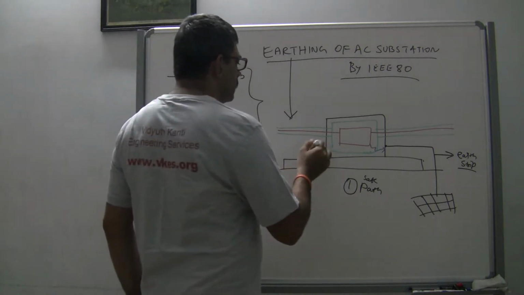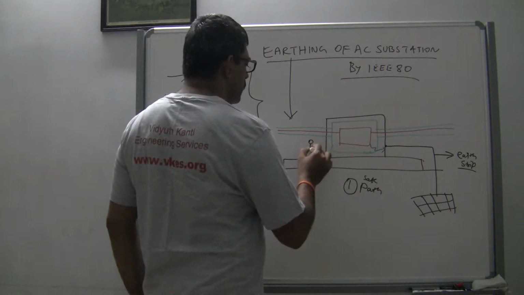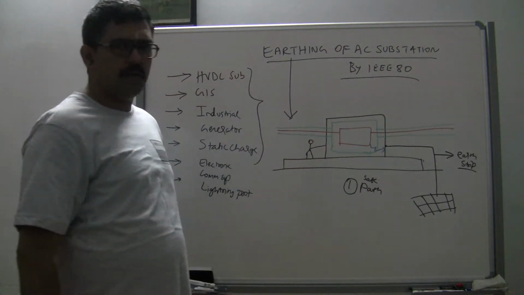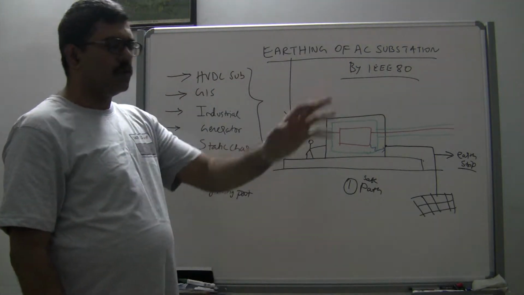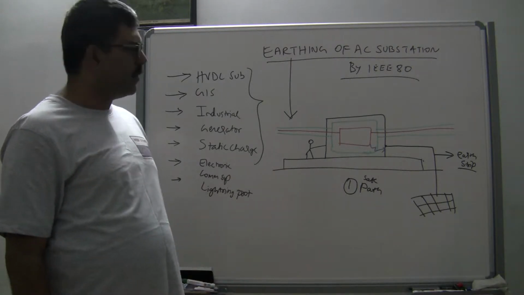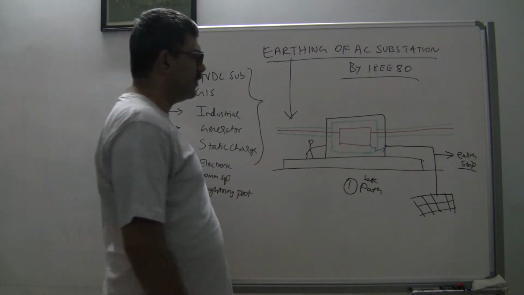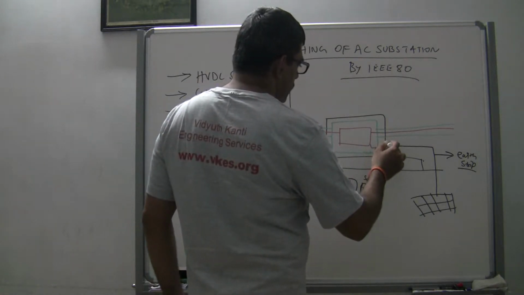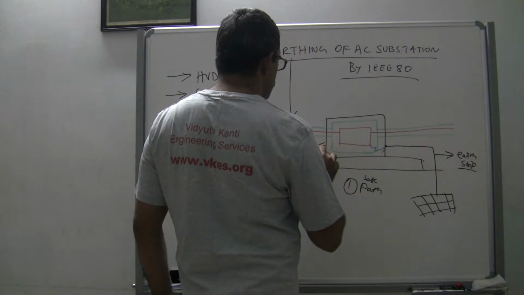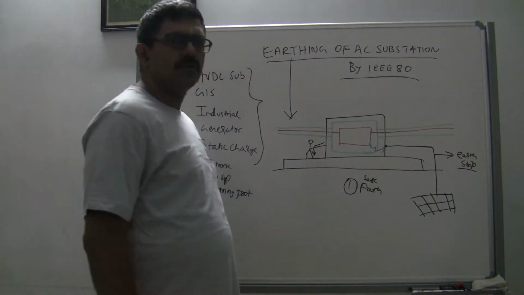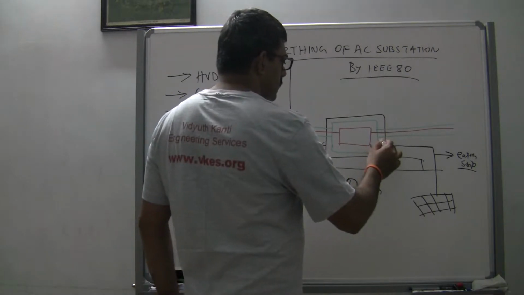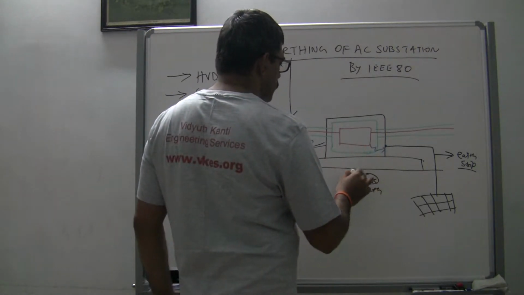So let's say somebody is standing nearby, and he is touching the outer body while doing some work, because normally the outer body is safe. You can touch it, there is no problem. So when there is a fault here, it may so happen that the fault current may flow through this body. So when I say safe path, this safety is related to this person.